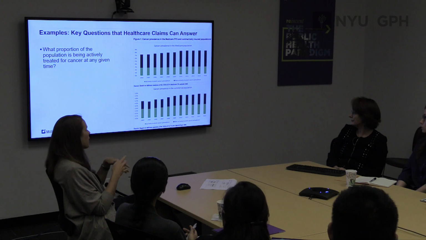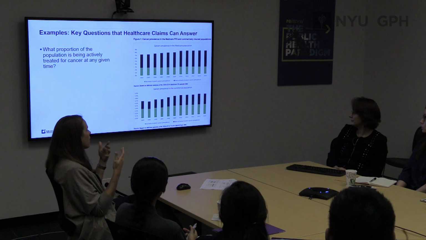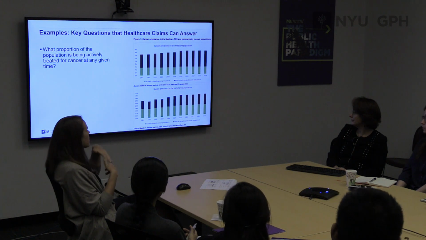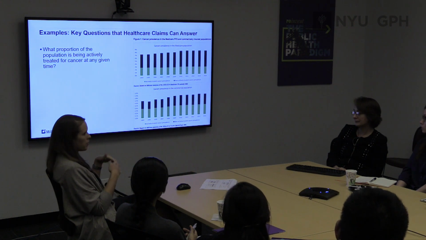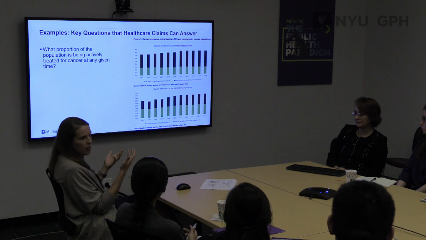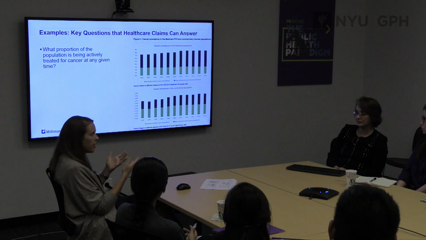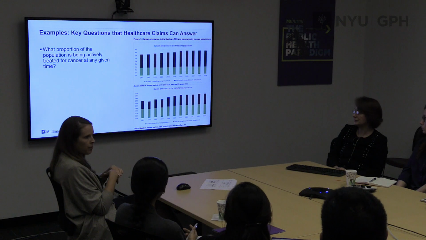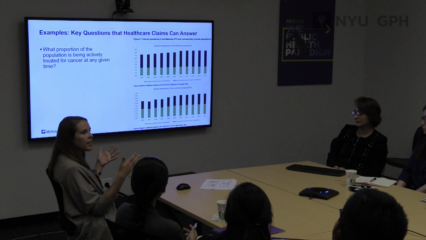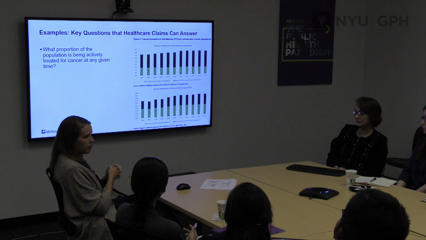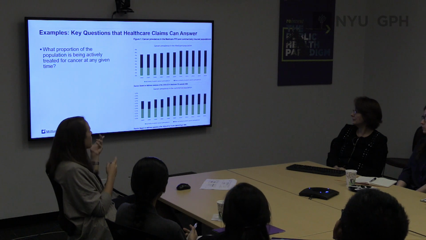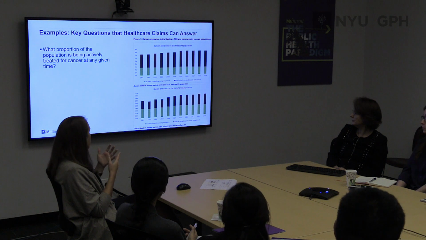The entire bar is everyone who has cancer, so they have enough diagnosis codes on their claims that we can say it looks like they have cancer based on the number of claims within the year that included a cancer-related diagnosis code. And the blue section is how many are not being actively treated versus those who are being actively treated.